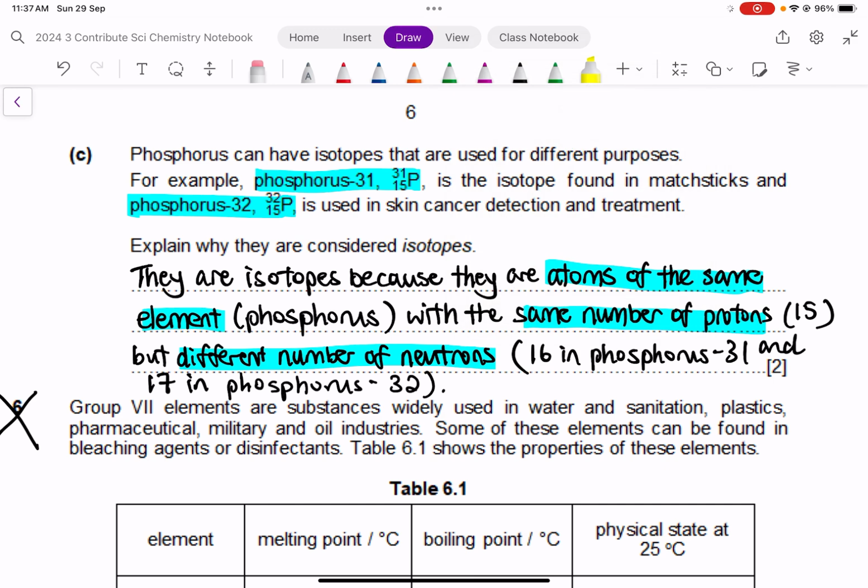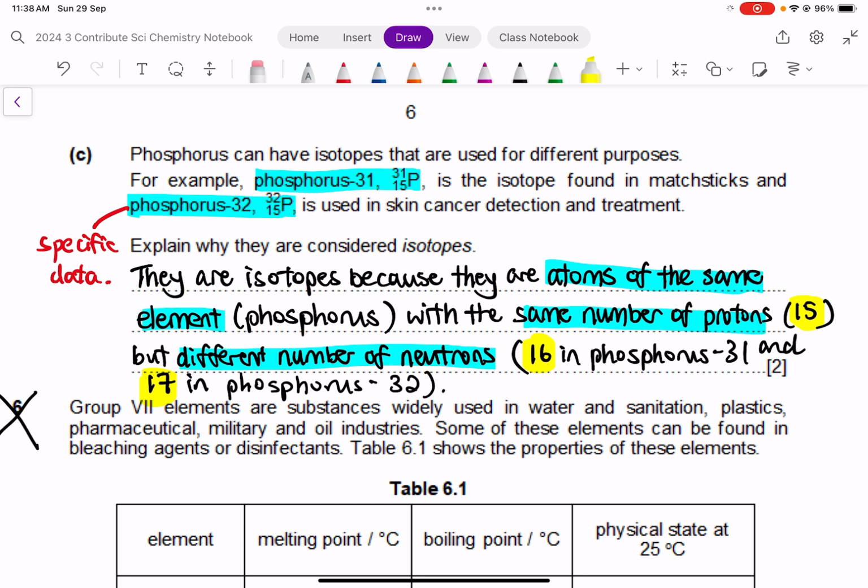However, when you are given specific data, you are told it's phosphorus 31, phosphorus 32, that's specific. If you are given specific data, it's very important to state the data. Meaning, you should state how many protons they have. So both phosphorus 31 and phosphorus 32 have 15 protons. It's the same number of protons, 15.